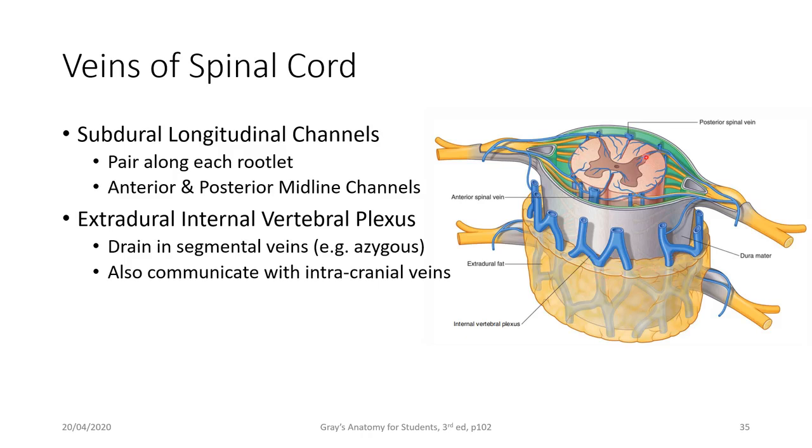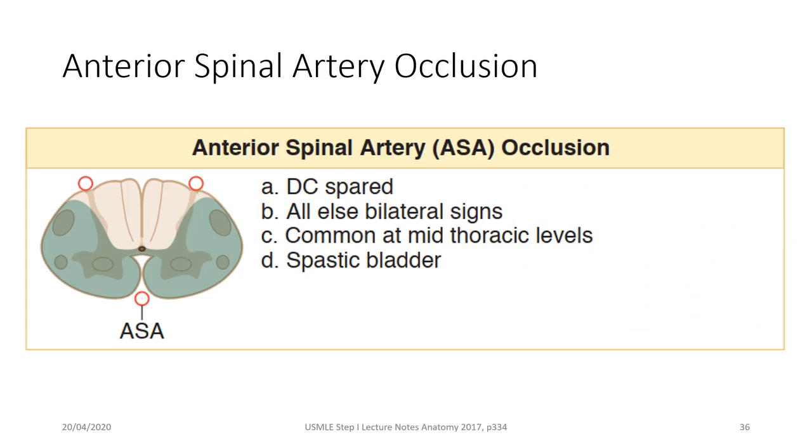The venous blood from these veins is sent to this plexus, and this plexus communicates through the intervertebral foramen to the outside, and it drains the blood to whatever venous system is running outside.